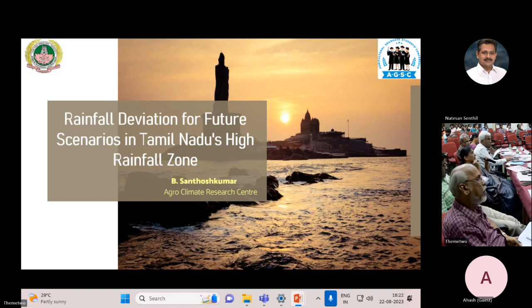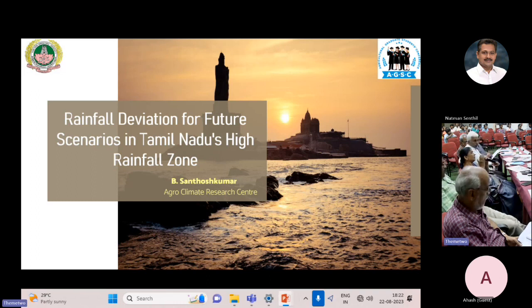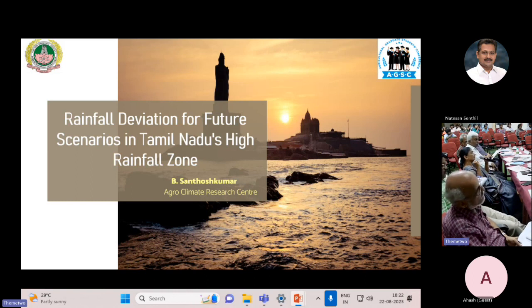In the introduction part, your statement is that when the temperature increases, rainfall increases, but in the near future, you are telling the deficit will be there. Yes, ma'am. That is why I insisted that the amount of rainfall increasing in one year does not match the next year. Due to climate change, the intensity of rainfall increases, but that intensity will not match into the next year.